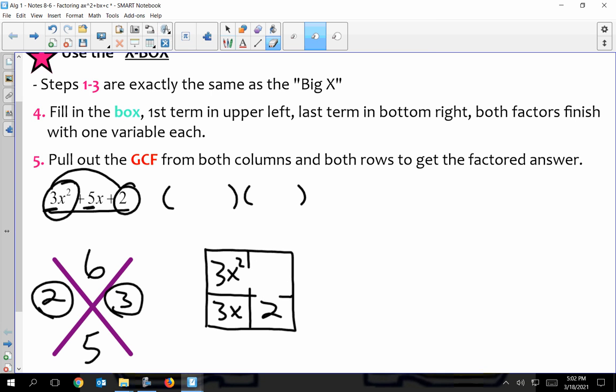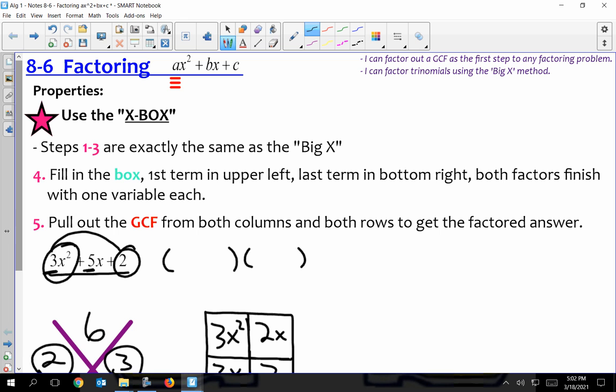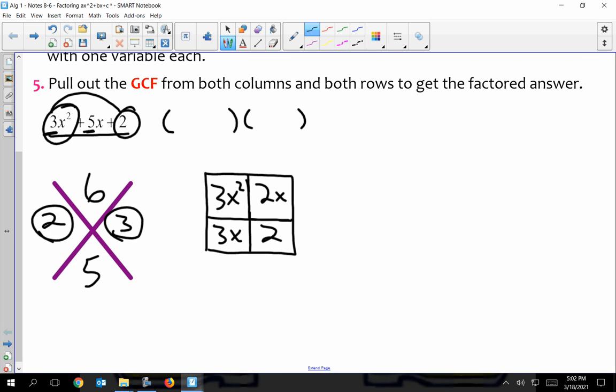Sorry. So that's why we call this X box. Just a different way to do this. I wish I had learned how to do this when I was a kid. We didn't learn how to do this. We did guessing and checking, and it was a nightmare.